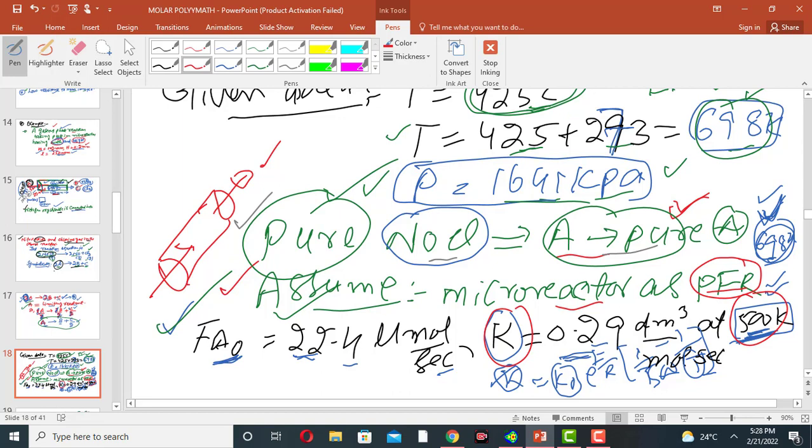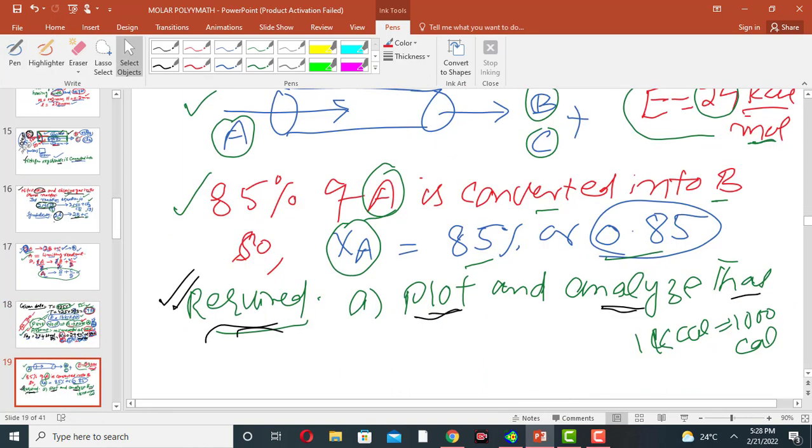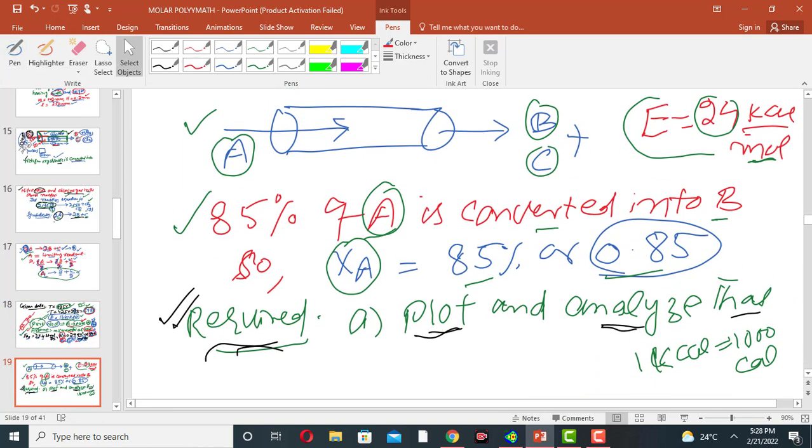So we use the Arrhenius law to determine the rate constant at 698 Kelvin. We assume that the microreactor acts as a plug flow reactor.